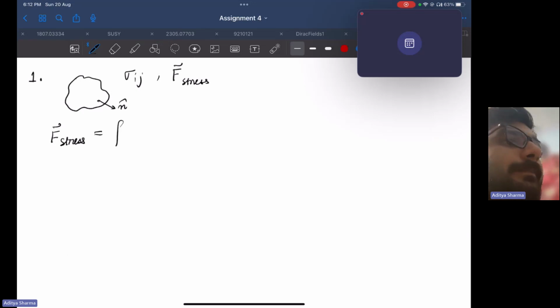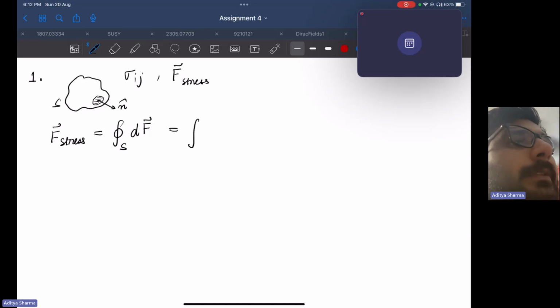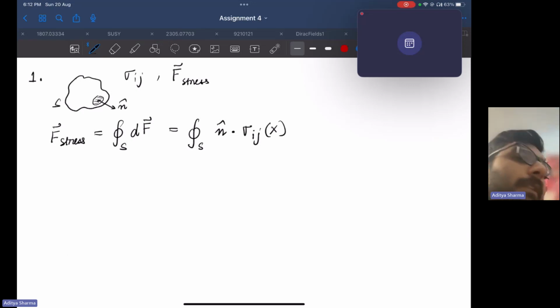This is given as, suppose S denotes the surface, and dF is a small force which is acting on the surface. So dF is nothing but sigma ij n_j times dA.